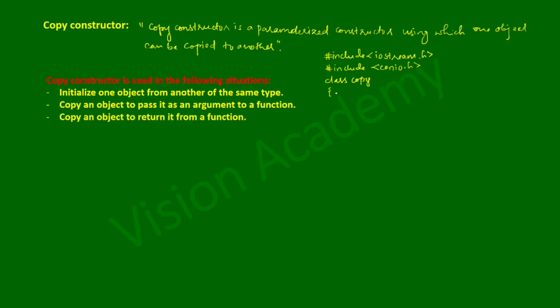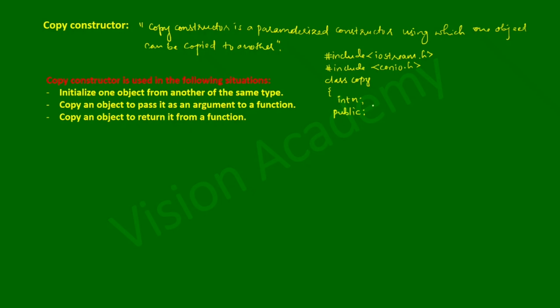Curly open brace, and here in a private section I'm going to write int n and put semicolon. Here in a public section we are going to define a constructor. So constructor is a special member function which is used to initialize data members of the class. The rules for writing a constructor are that the constructor name should be same as that of the class name, and it should not return any type, not even void.